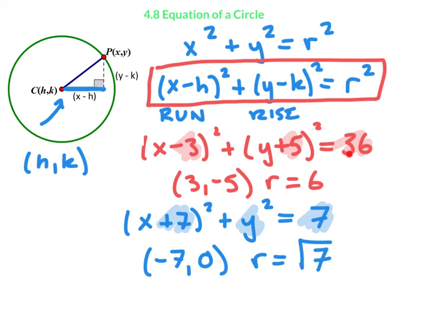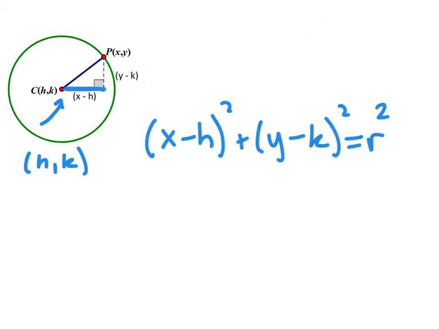Here it was a nice square root, but here we get a square root 7, that's all. So while it looks a little bulky, these really help us out in that the values that go in here and here will represent our center, and the square root of whatever number is here will give us r every time.